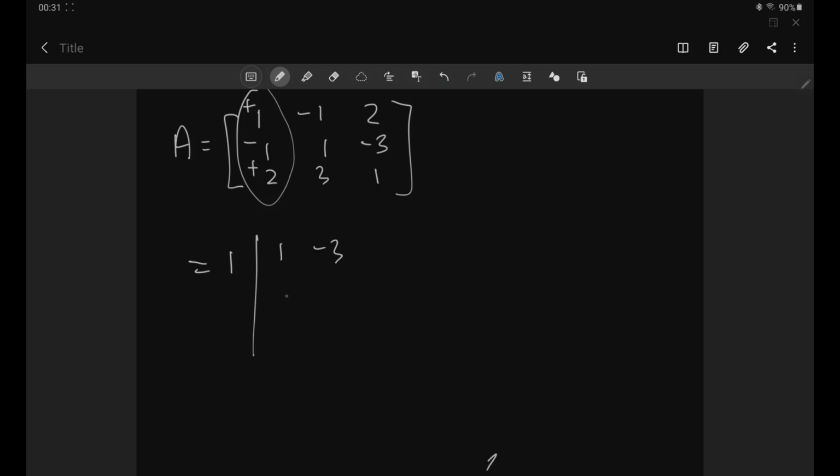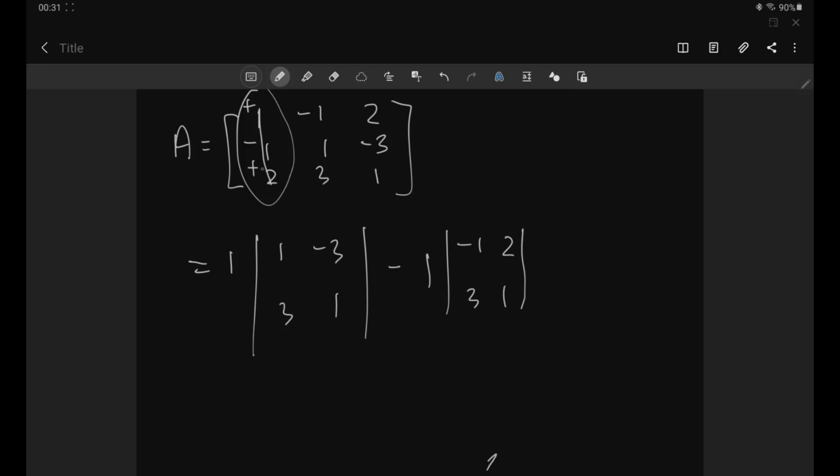Minus 1, the first column and then the second row. We get -2, -1, 2, 3 and 1.